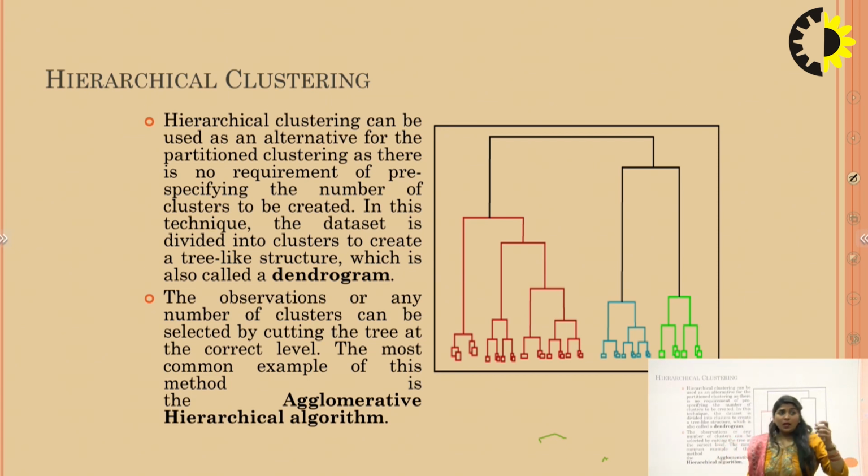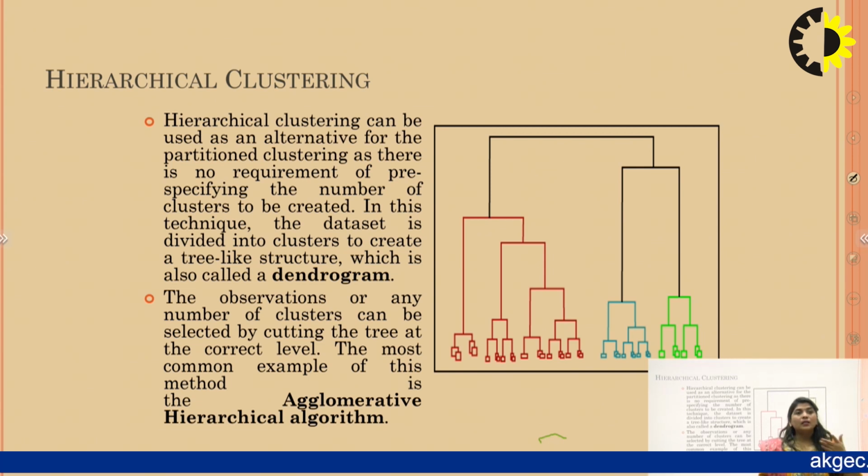So then this hierarchical clustering can be of 2 types. First is the agglomerative approach, agglomerative hierarchical algorithm, and the next is the divisive approach. Agglomerative is a bottom-up approach. Now, what is the meaning of agglomerative and the divisive approach?